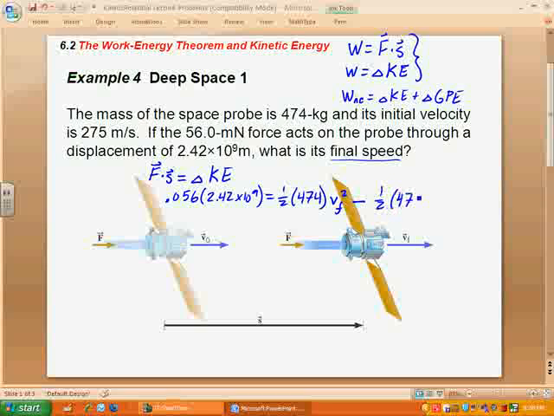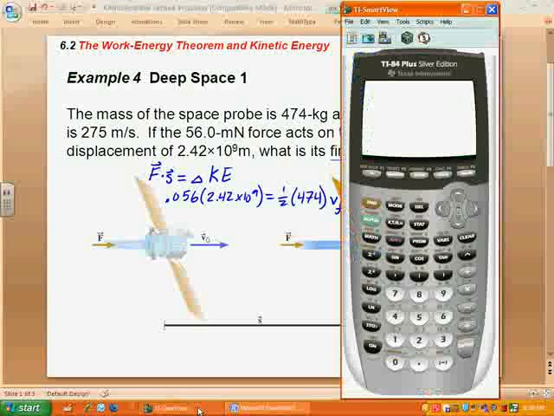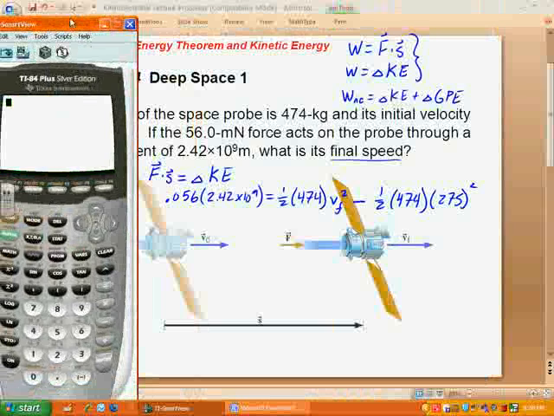Let's take this side, 0.056 times 2.42 times 10 to the 9th, so E9.